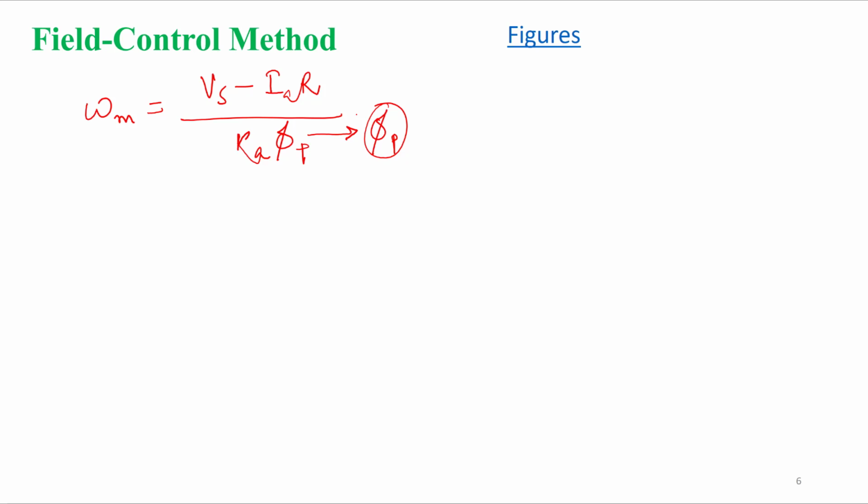The relation here is that when the flux is decreasing, omega m will increase.